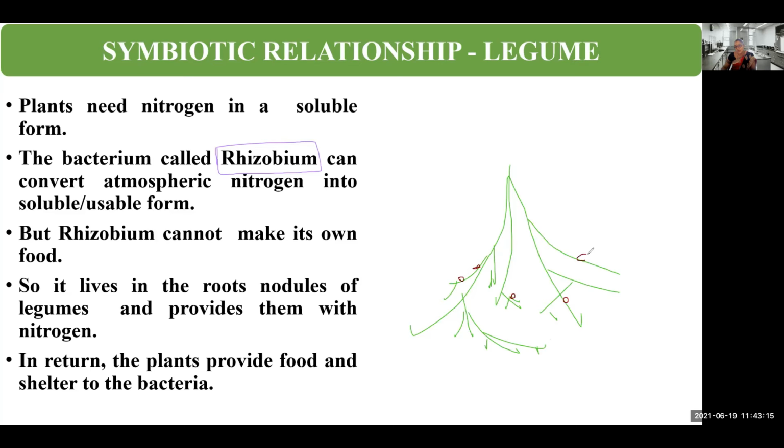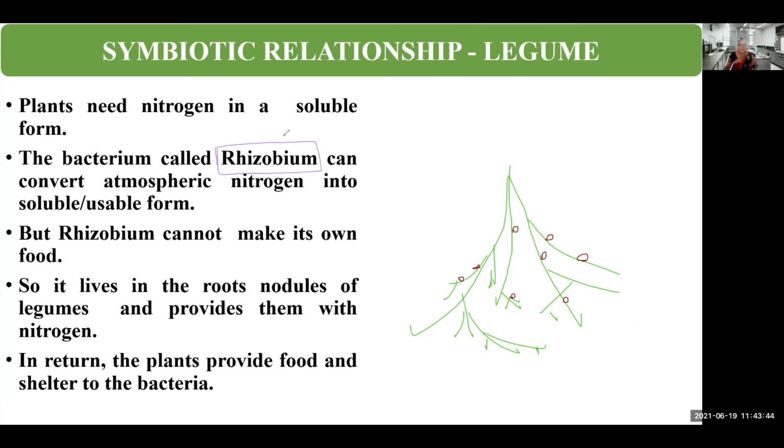In this root nodule only, the rhizobium is present, and provides them with nitrogen. So the rhizobium present at the root nodule absorbs nitrogen from the atmosphere and also from the soil, and then starts converting that nitrogen into a usable form.